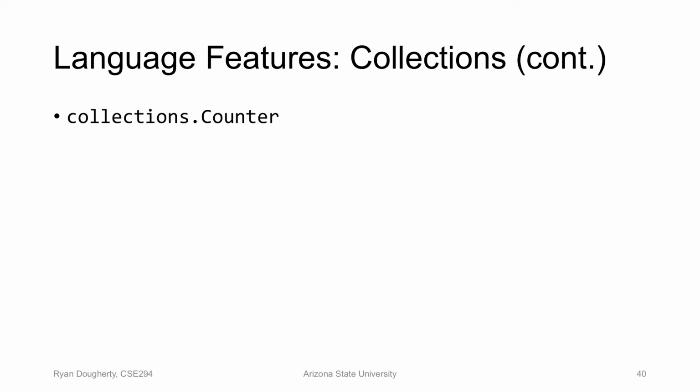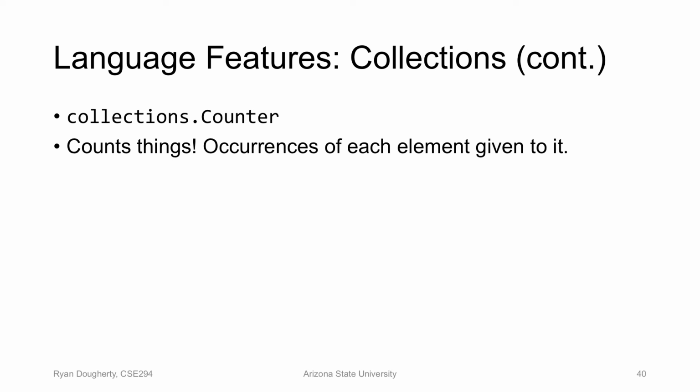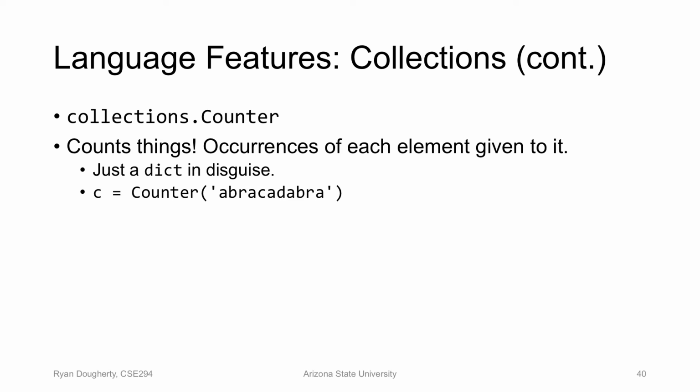Another one is Counter. That was basically the example that we did, but it's an actual class that you just pass a particular sequence to, and it'll do the counting for you. It counts the occurrences of each element within the sequence that you give it. So obviously it's just a dict in disguise. Here I can call the Counter constructor and pass in the sequence.